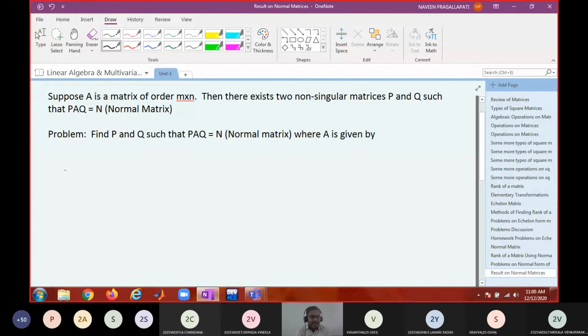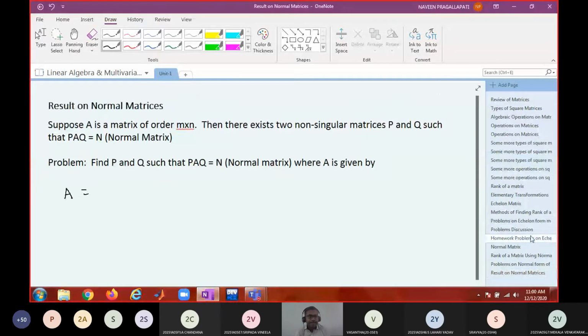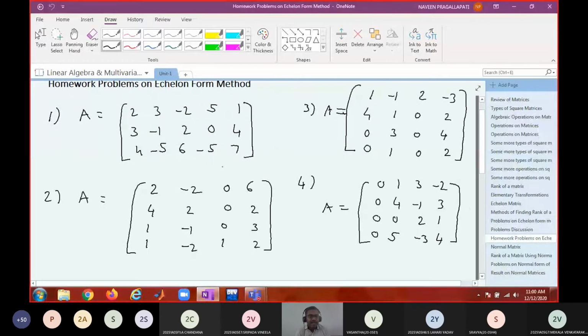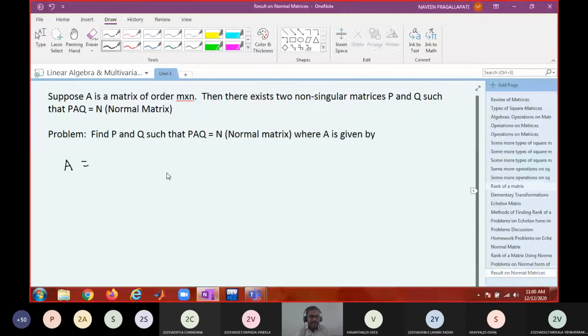Can we take a homework problem, whatever I gave yesterday? I will take one small matrix. Let me take a 3 by 4 matrix.